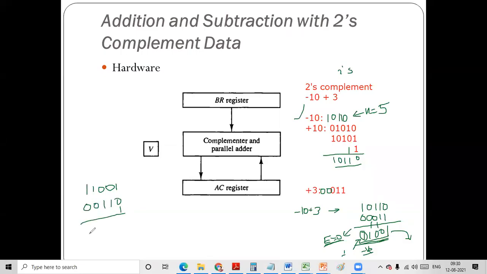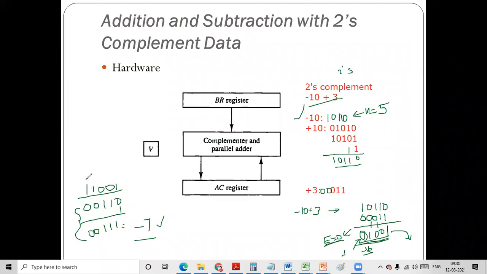Add 1 to it, I get 00111, which is nothing but 7. I got the magnitude 7 after 2's complementing the result, which means the result is negative. So minus 7 is your output.